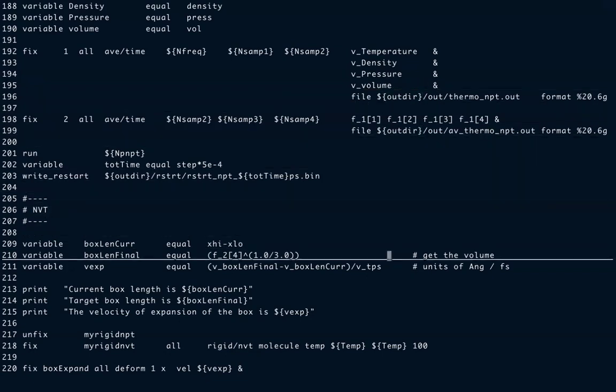So basically, the box length final tells you what should be the final length of the box, decided by the volume cube root.